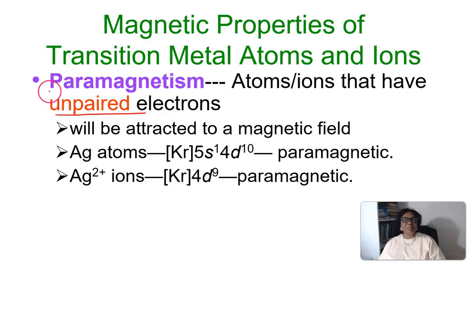That's what we term paramagnetism. They have unpaired electrons, and when they have unpaired electrons, they will be attracted to a magnetic field. Example, we have silver atoms. You see this unpaired electron. It is paramagnetic. Silver 2+ has an unpaired electron. It's also paramagnetic.